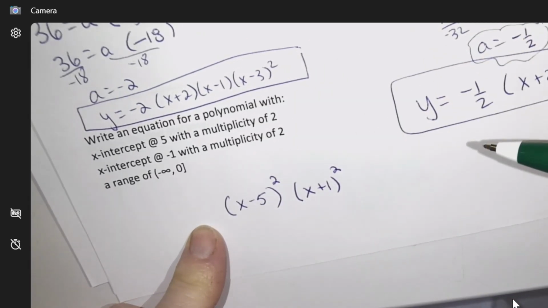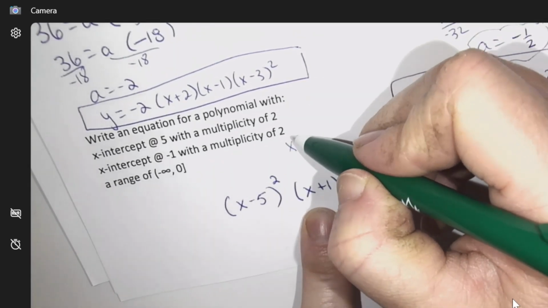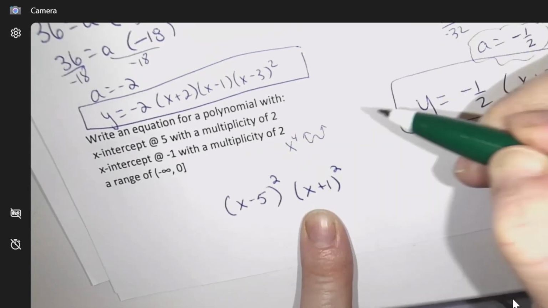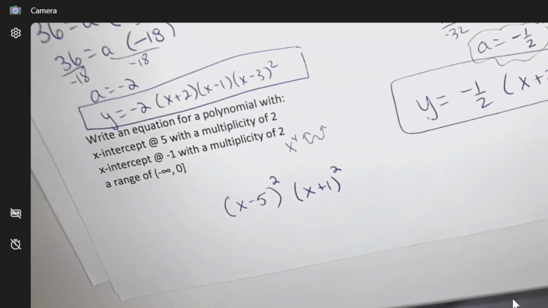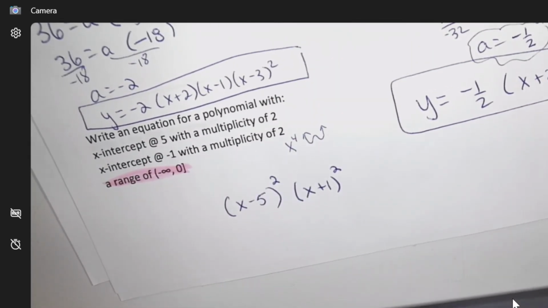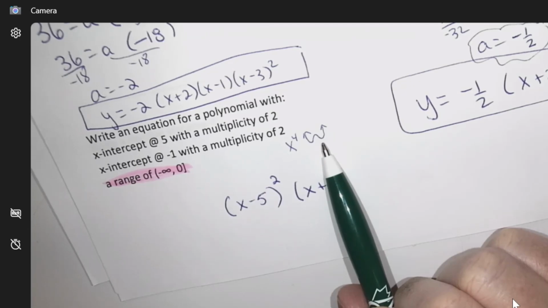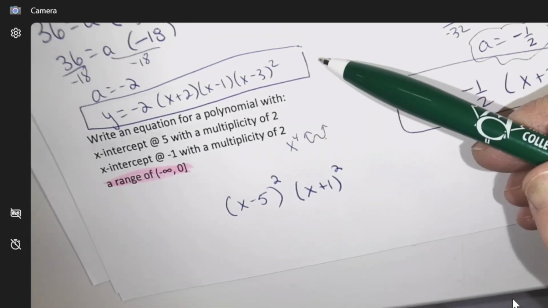So far, how many x's does this multiply right now? x4, which would be like a w. But I need to get myself a range that goes from negative infinity to 0. So would this go from negative infinity to 0? No, that goes from 0 to up.